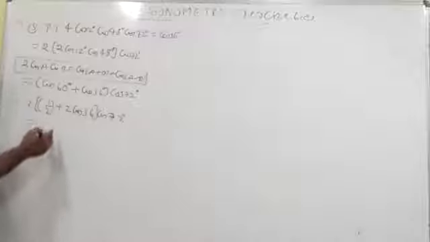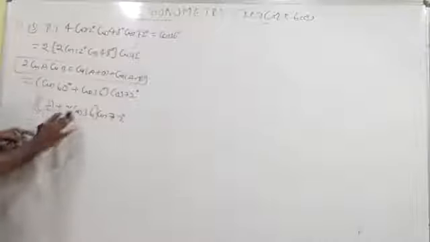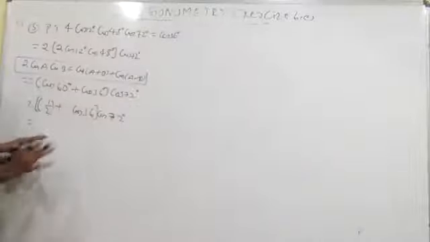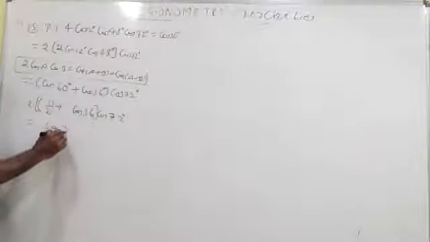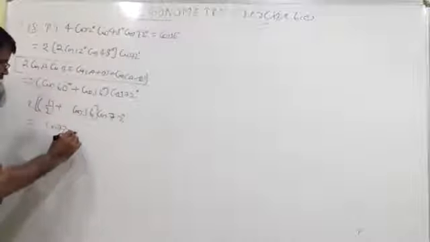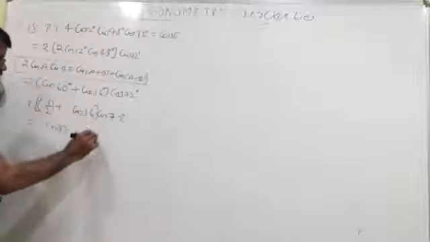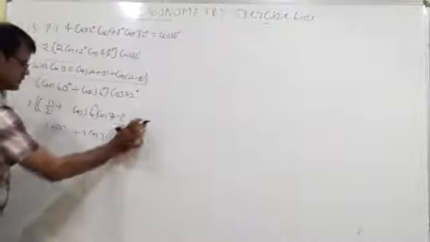That is equal to, now multiply with 2. Already multiplied. Yes, sir. Now it's okay. Now cos 72 multiplied with 2. Cos 72 plus 2 cos 36 into cos 72.